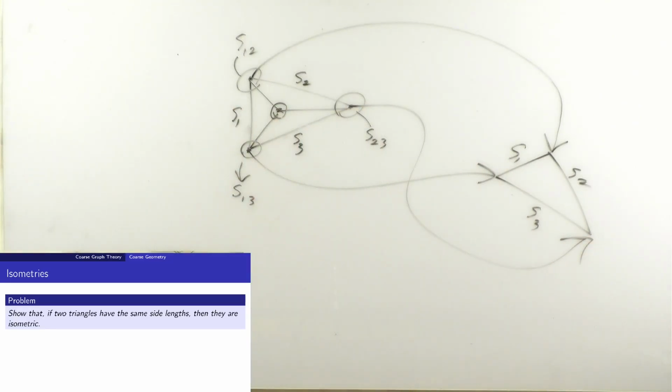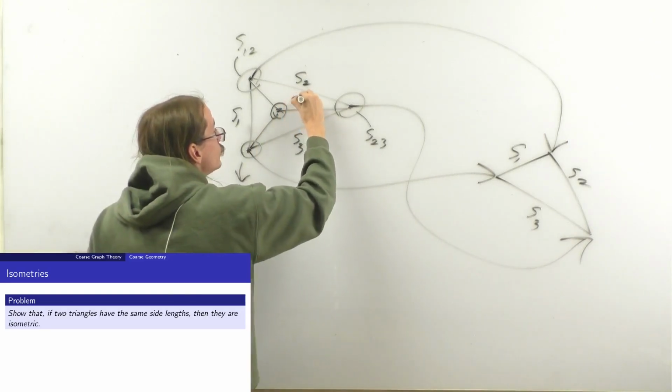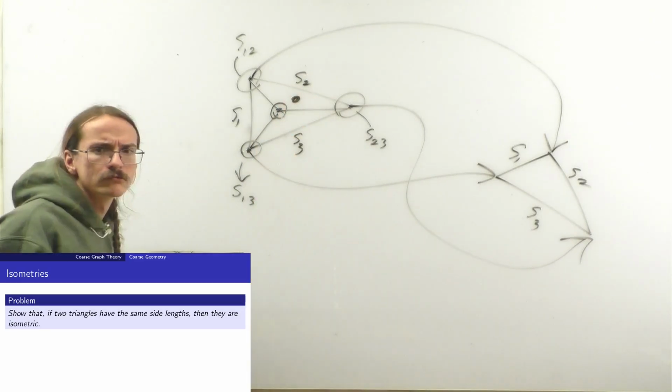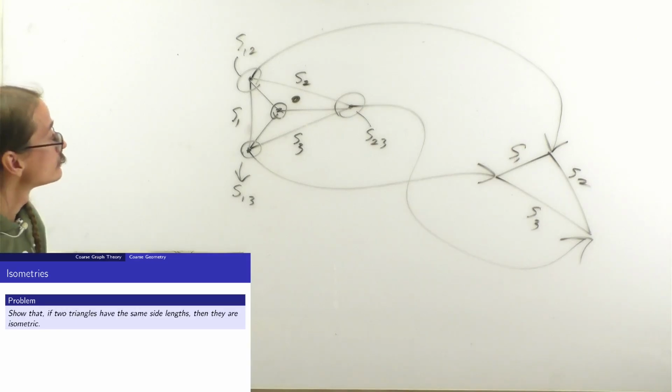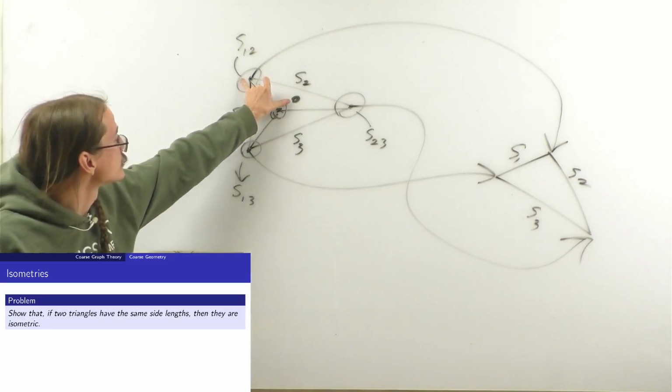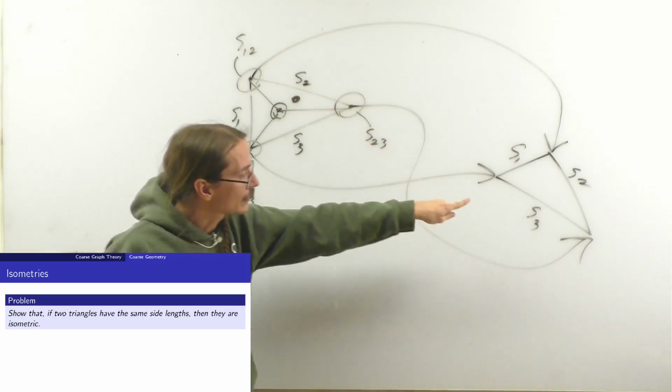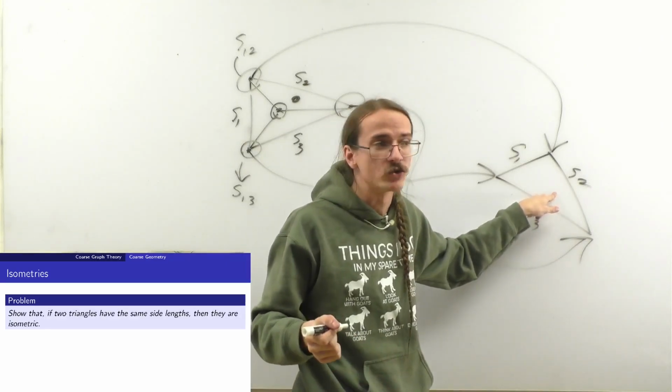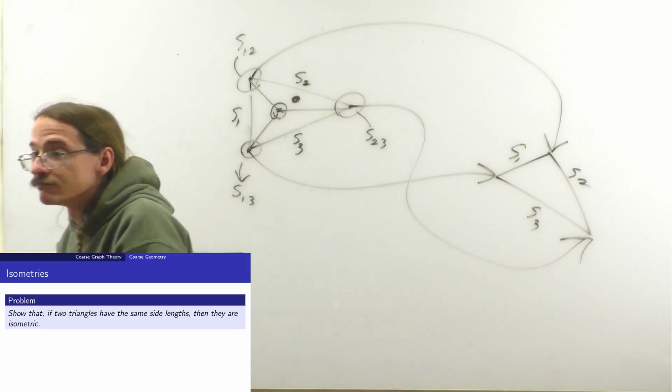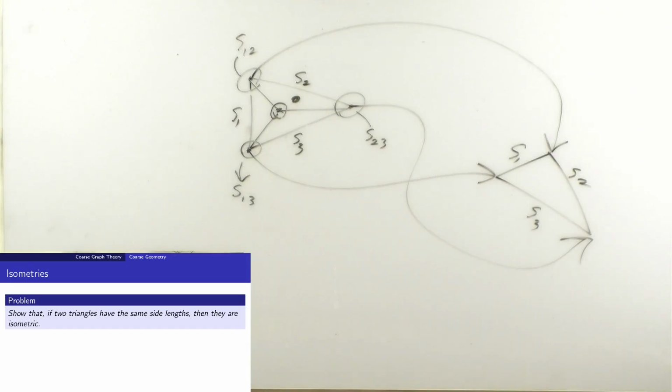Okay. Now pick any point inside of the triangle. Well, I don't know exactly where it goes, but I know this distance and this distance, and so I can find exactly one point over here that it's going to go to. Great. I'm calling that good enough. We have that two triangles with the same side lengths give an isometry.